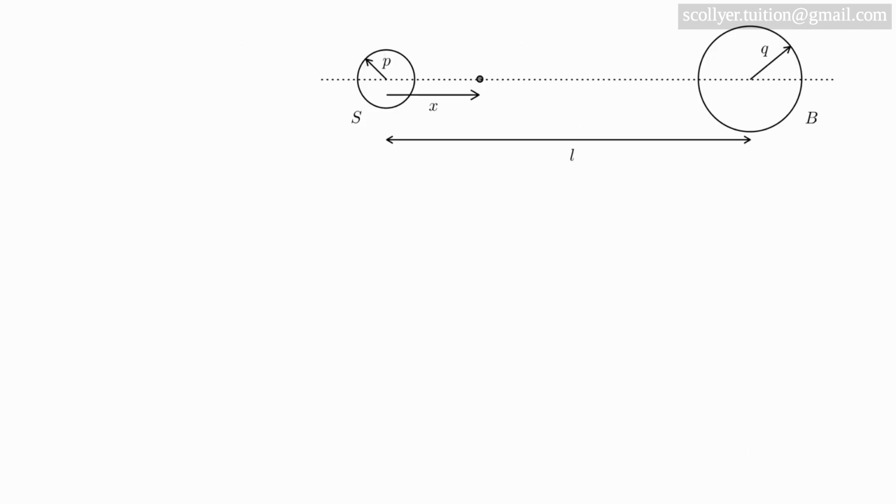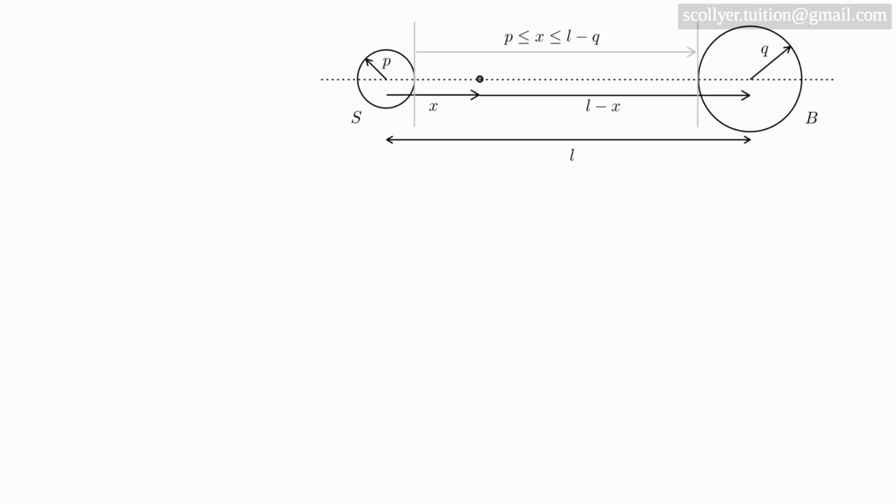So here are planets S and B, with the satellite x displacement from the centre of S. From the diagram, we can see that the satellite is L minus x from the centre of B, and that x must lie between p and L minus q inclusive.